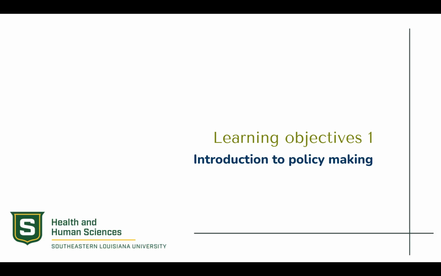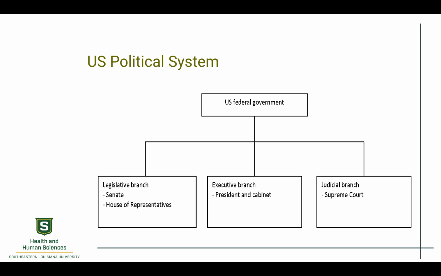So, starting with the first objective, this is a very simplified summary of what the US political system is. You have the US federal government, and then you have a couple of other branches, with the legislation comprising the Senate and House of Representatives.